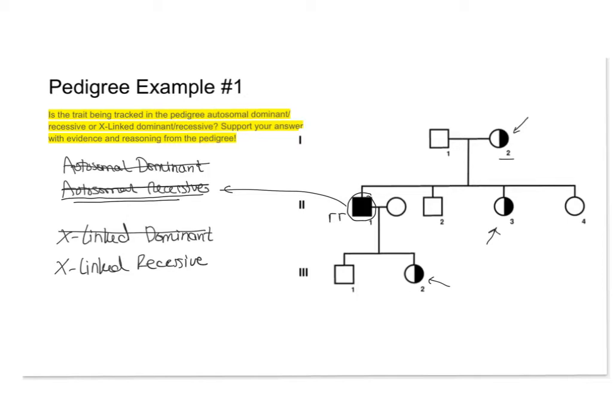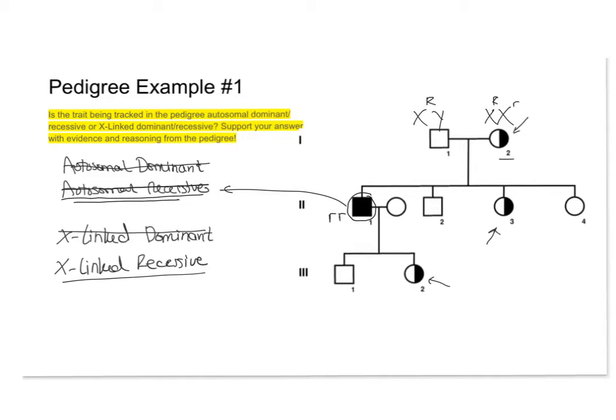this first set of parents, let's write their sex chromosomes here. So we have XY for the father and XX for the mother. Again, if this is X-linked recessive and the mother is a carrier, that means she would have that genotype, and the father doesn't have the trait, and so that means he will have the dominant version of the trait.